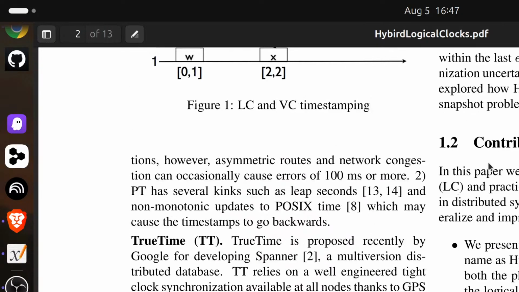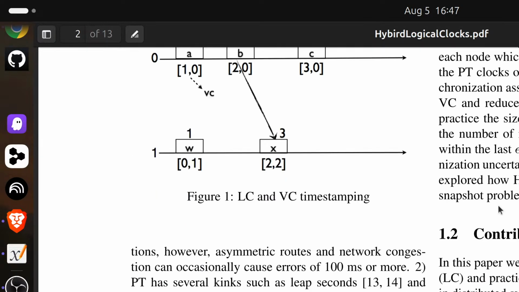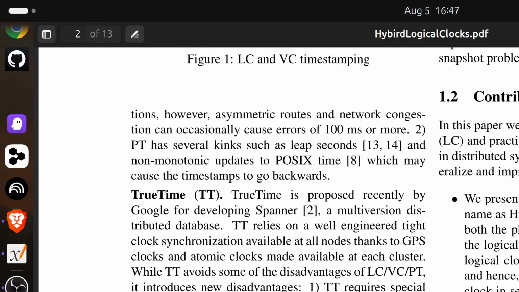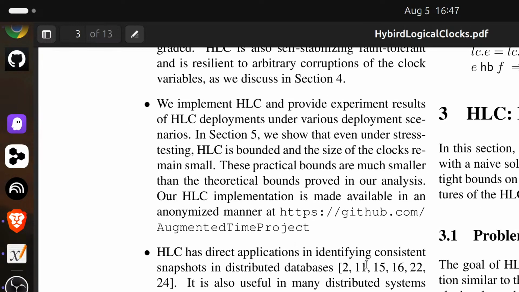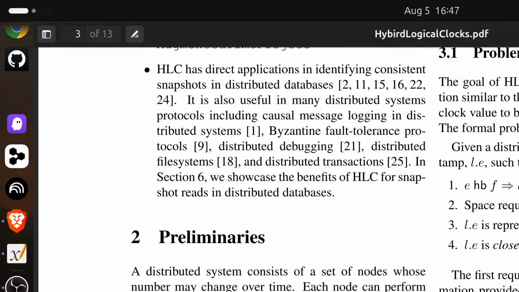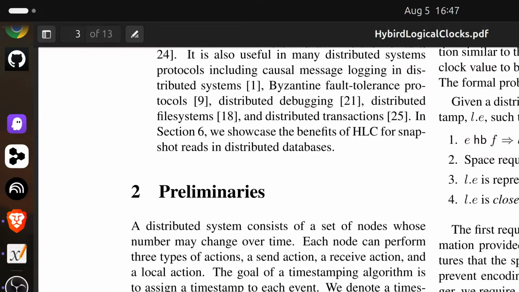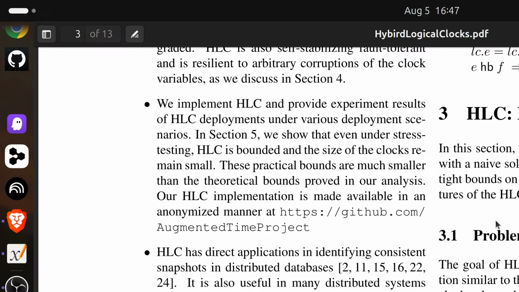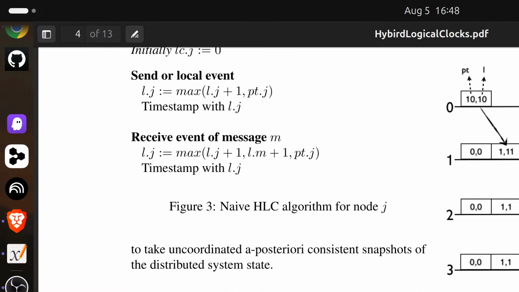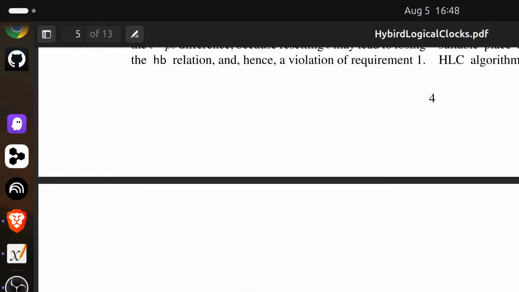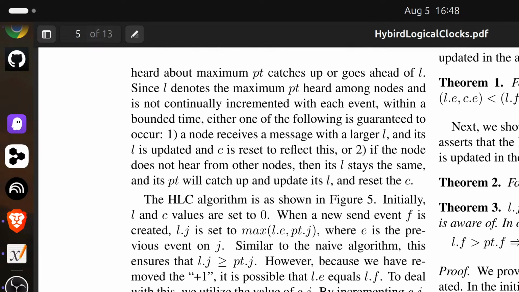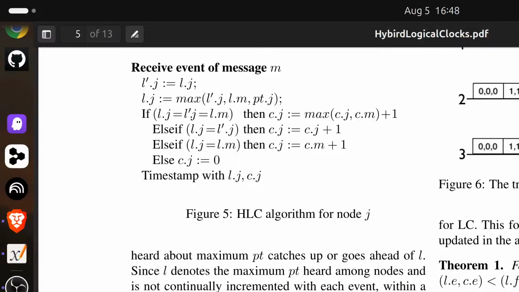Then they have hybrid time, the contribution of this work, and preliminaries. Hybrid logical clocks, problem statement. Then it has a description of the naive algorithm, the HLC algorithm.